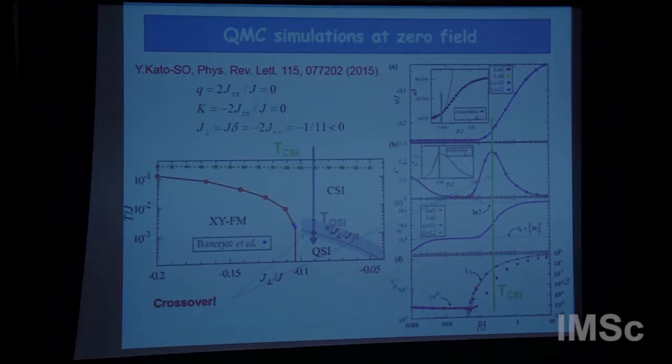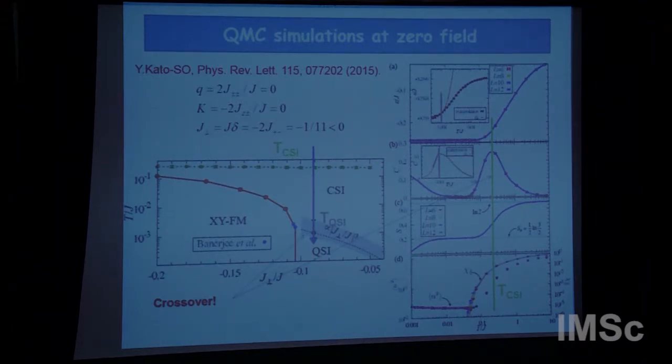There is almost no dependence of the specific heat on L. It means that there should be no phase transition. So this evidences a crossover which can be experimentally detected, and most classical spin-ice or dipolar spin-ice materials are looking at this.